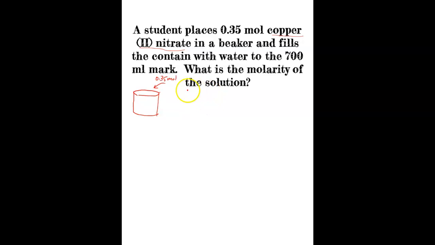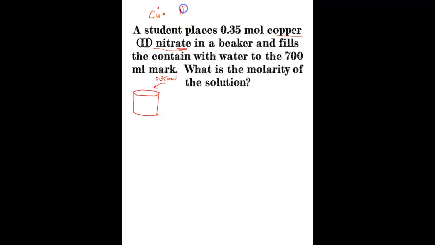Now we've got this copper(II) nitrate, and this is where we're going to be reminding ourselves of how to write chemical formulas. Just a reminder that the Roman numeral II for copper tells us it has a 2+ charge, 2 valence electrons to lose. And then nitrate, that ATE ending, tells me that it's polyatomic.